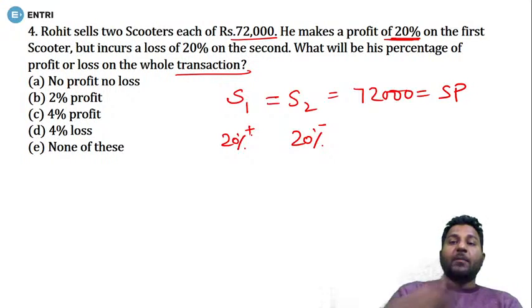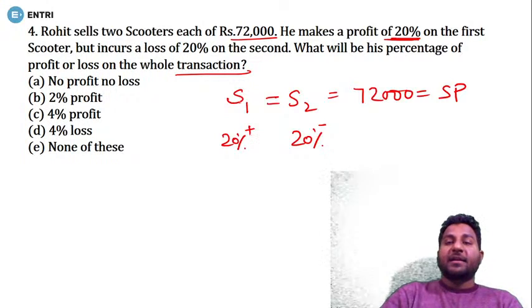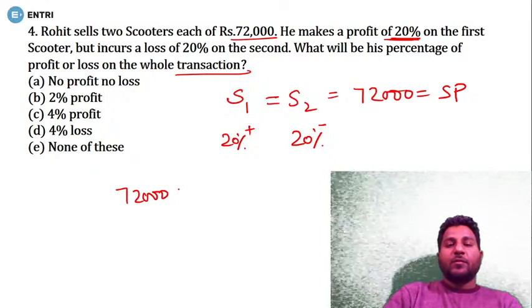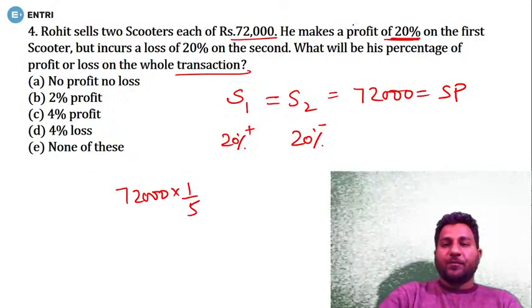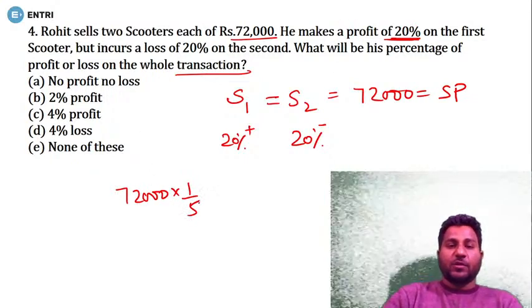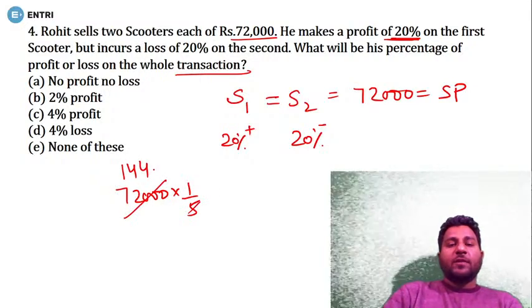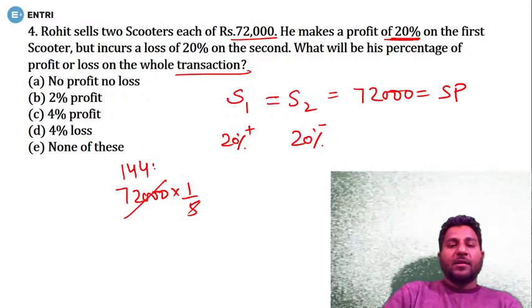So we are talking about the overall transaction loss. Let's check it. On 72,000, we are getting 1/5 of profit. He makes 20% profit on the first scooter, which would be what? 14400.